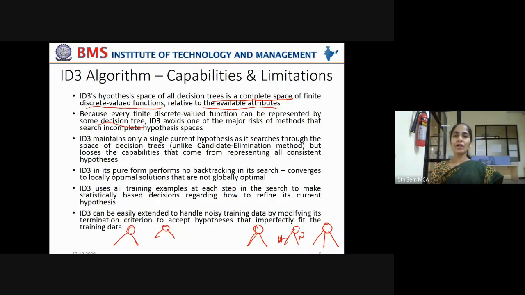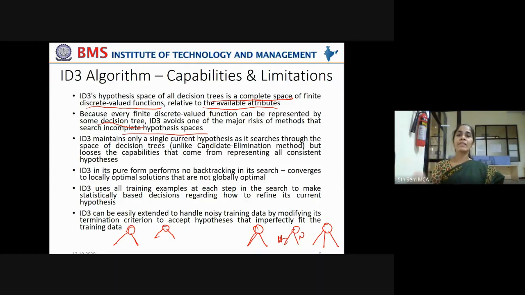And ID3 avoids one of the major risks of methods that search incomplete hypothesis spaces. The hypothesis space should not be incomplete, right? It should contain every possible hypothesis that covers the training examples. There should not be any hypothesis for the training examples that is not contained in the hypothesis space.